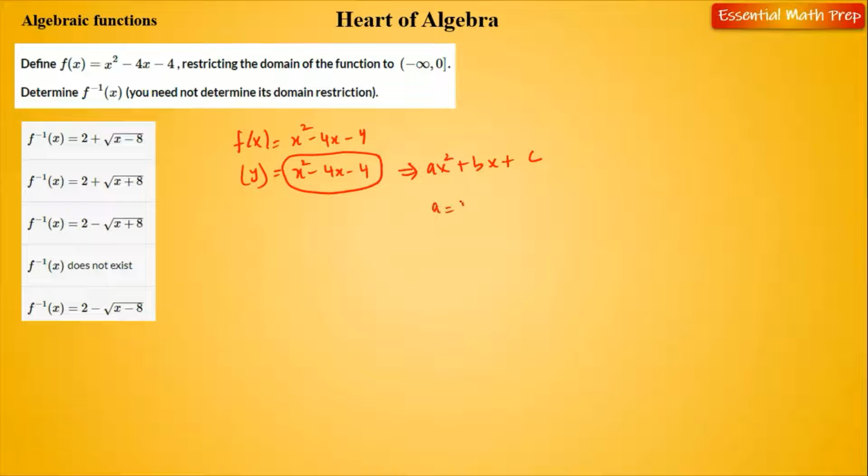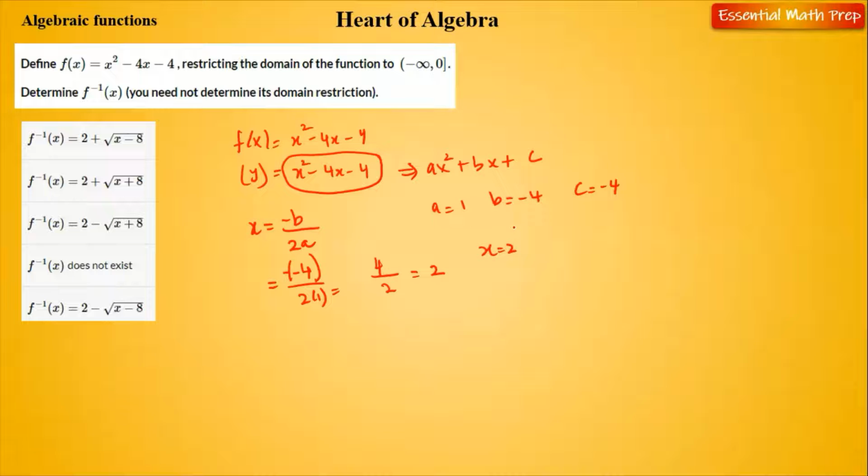In other words, a equals 1, b equals -4, c equals -4. To find the vertex, we need x equals minus b over 2a. Minus b means negative of -4 over 2 times 1, which is 4 over 2, which is 2. So x equals 2, right?